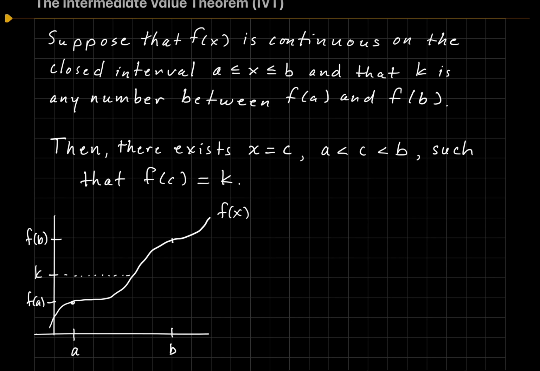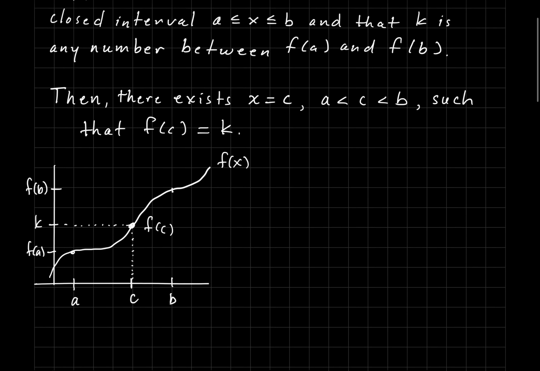And I'll go out to my graph and go down. Notice that this value is a y value, and there is some x value, we'll call it c, between a and b, such that f at c is equal to the y value k that we chose. So that's what the IVT is saying, but what does it really mean?